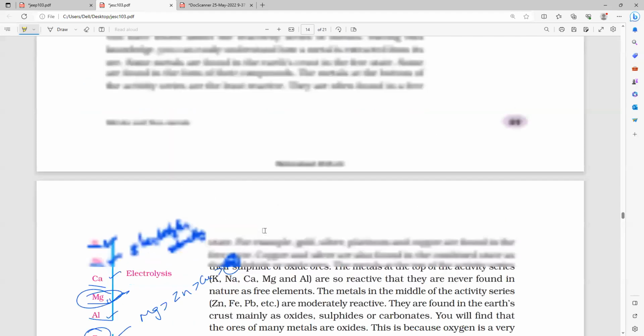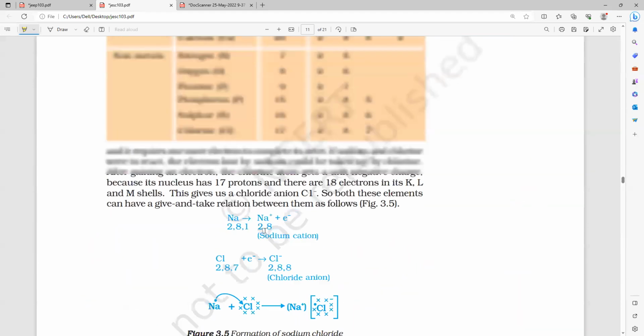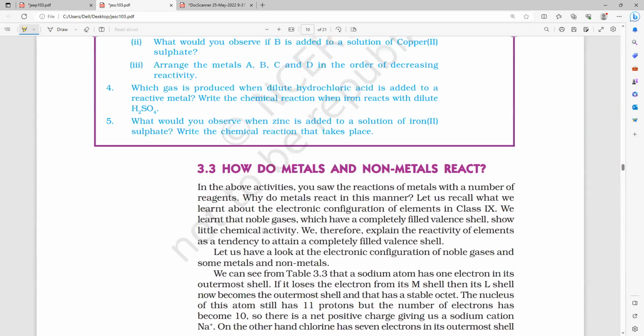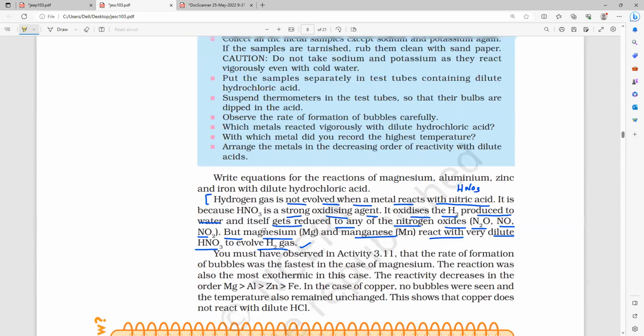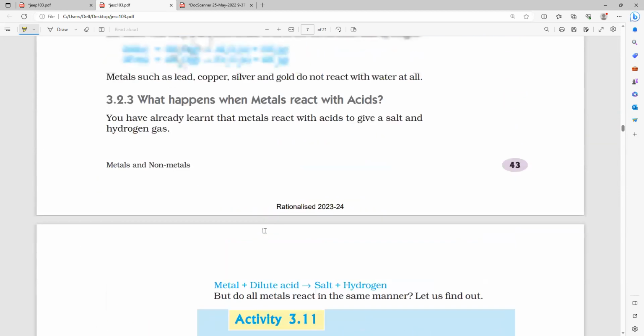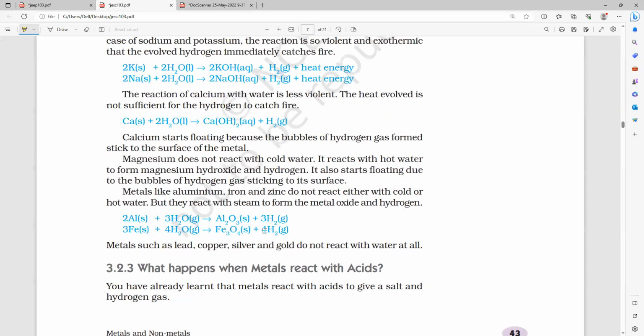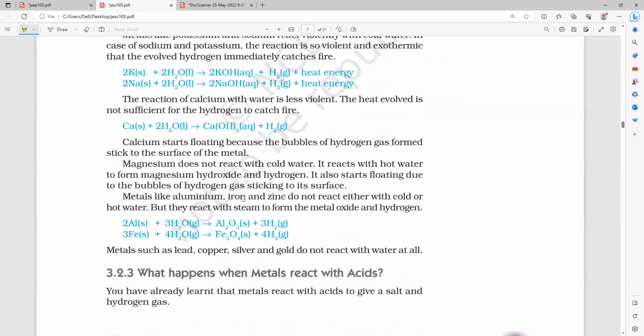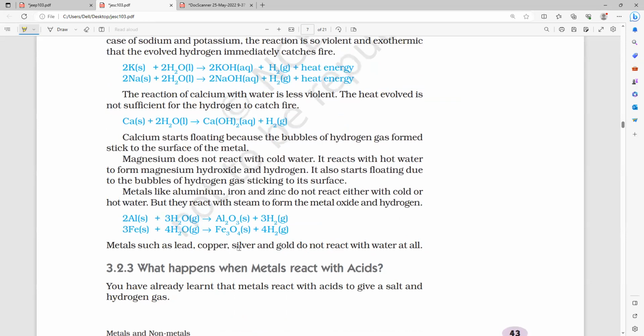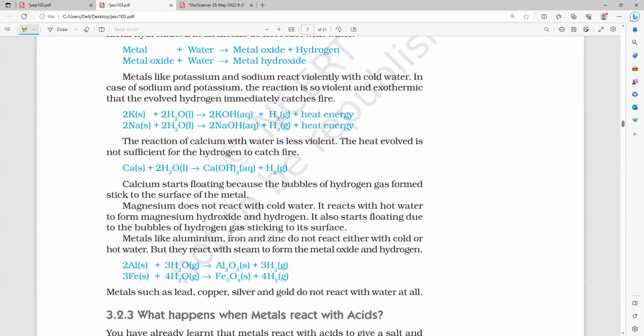So you can see here, liquid water, gaseous water. So they will form oxide only. When they react with the liquid, it will form hydroxide. When they react with a gas, they will form only oxide. That's what you have to remember.